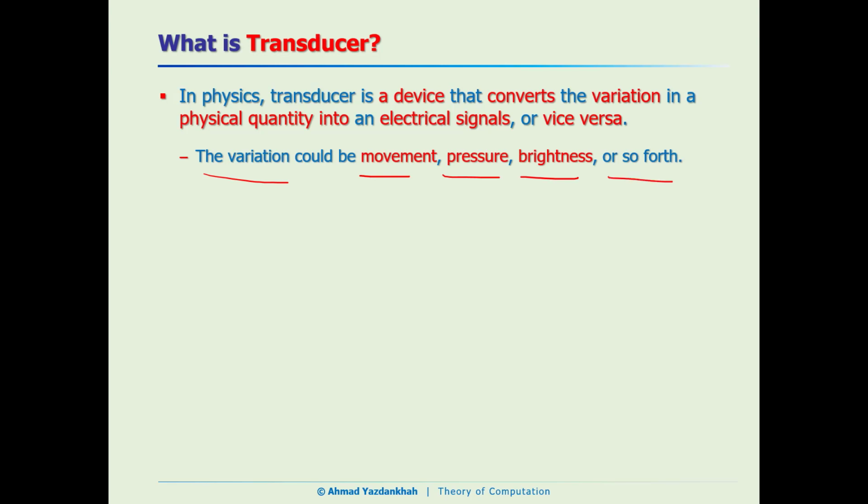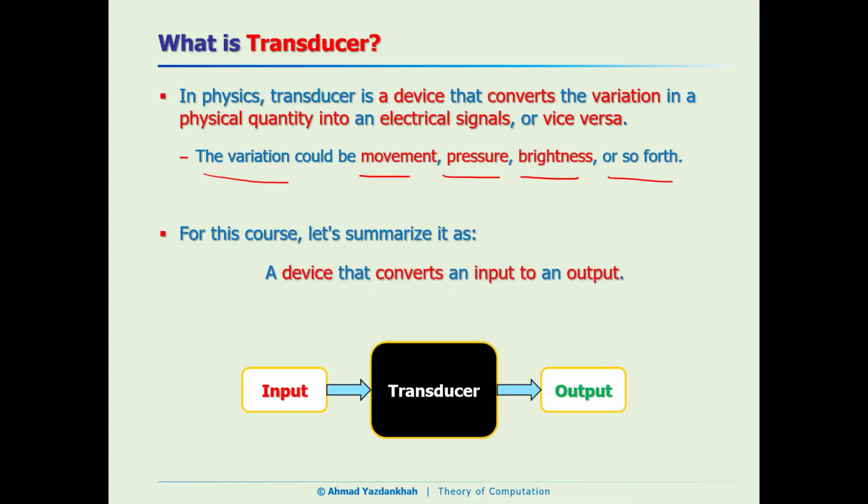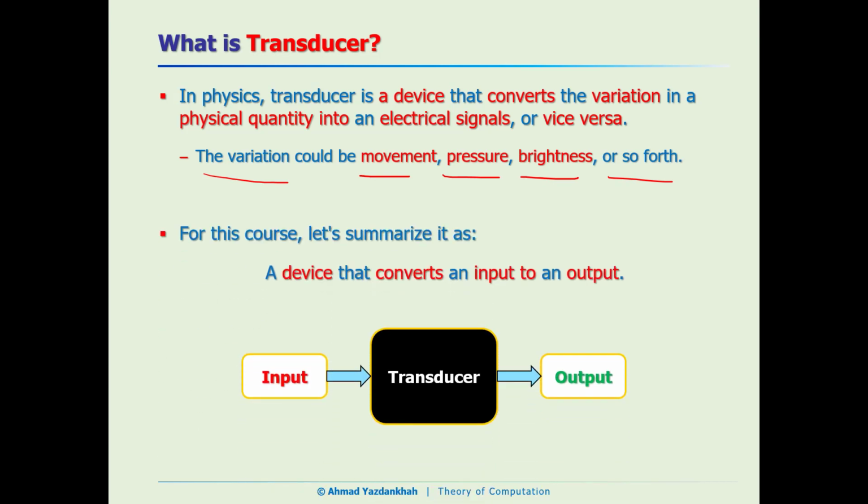For this course, let me summarize the meaning of a transducer. A transducer is a device that converts an input to an output. So just consider it as a black box that we put input into and we get some output.